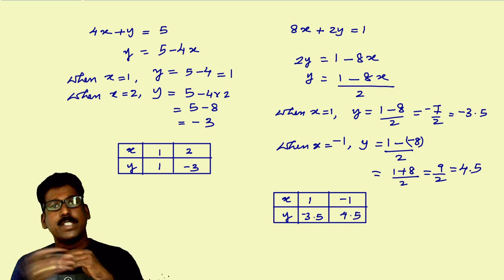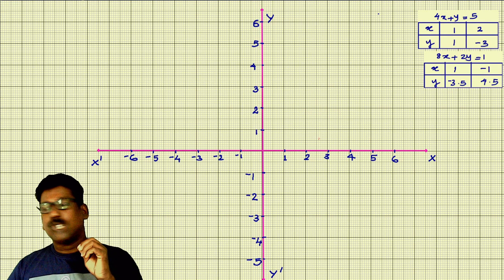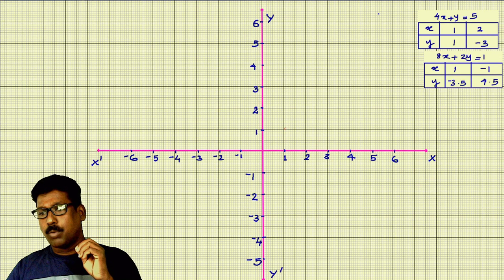Now plot these points in a graph. Let me plot the points. For the equation 4x plus y is equal to 5, when x is equal to 1, y is equal to 1, the point will be here, x 1, y 1. Now x is equal to 2, y is equal to negative 3. x 2, y is equal to negative 3, below the x-axis, negative 3.